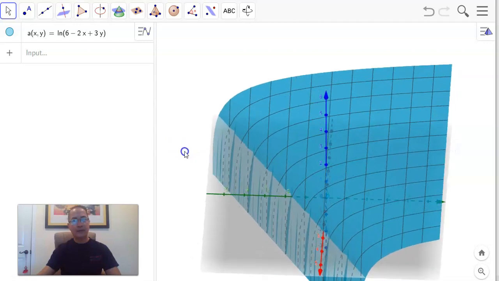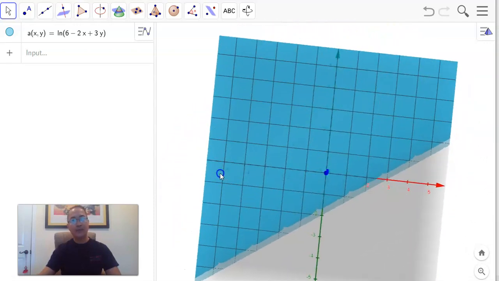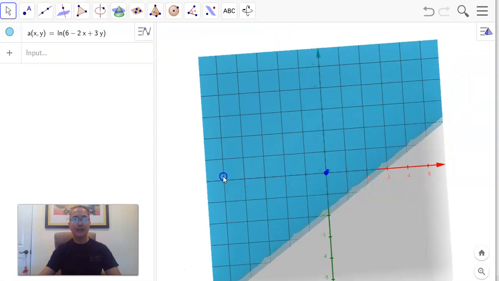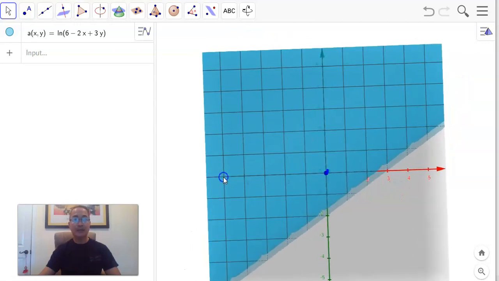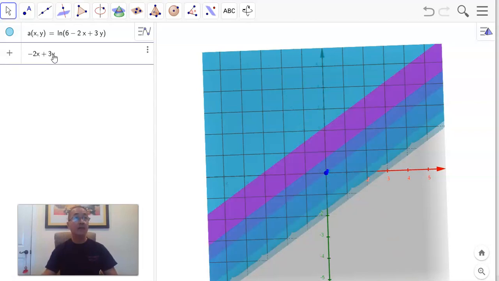As a matter of fact, let's rotate this way. Oh, here's the top view. The z-axis disappeared. That's when we know that we're straight above it. So that line should be over here. Let's try it: minus 2x plus 3y equals -6.